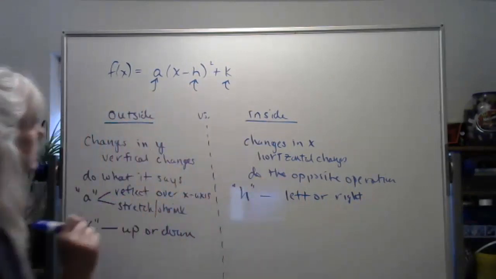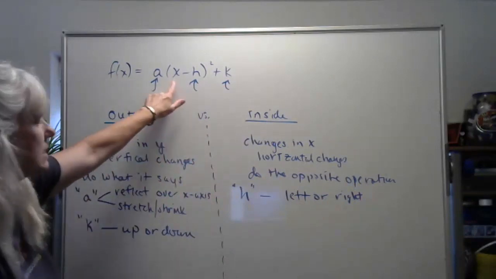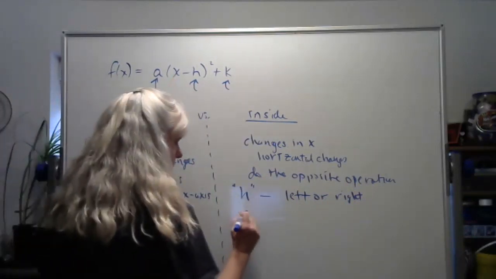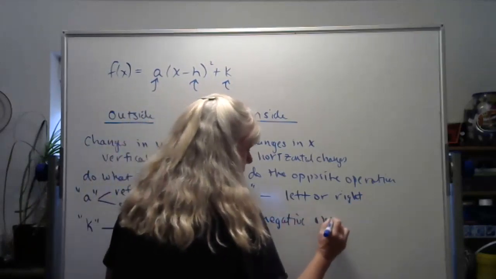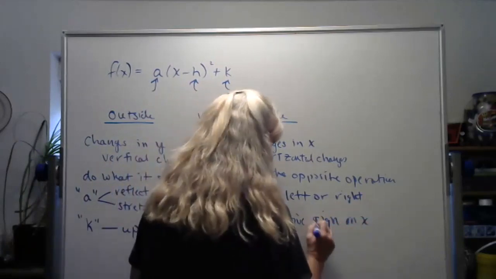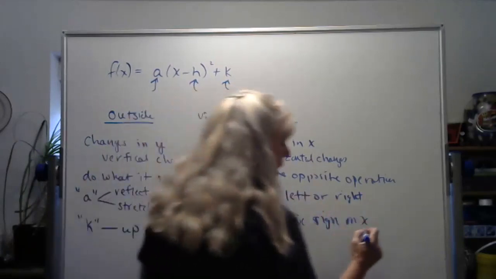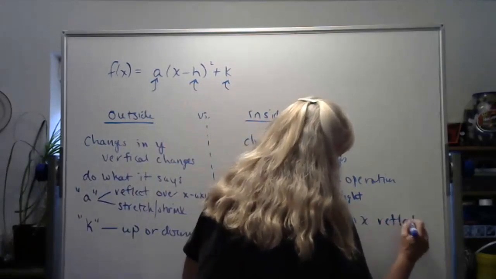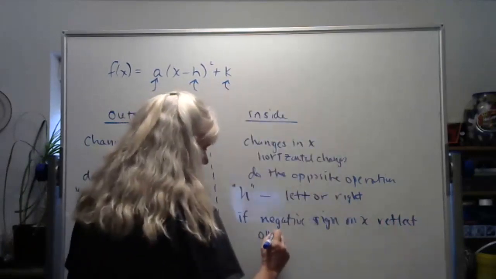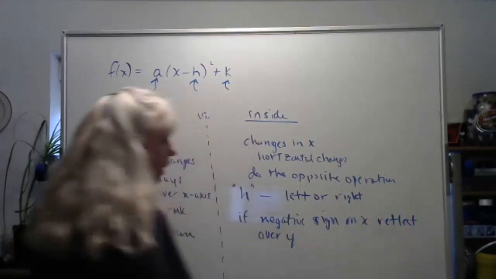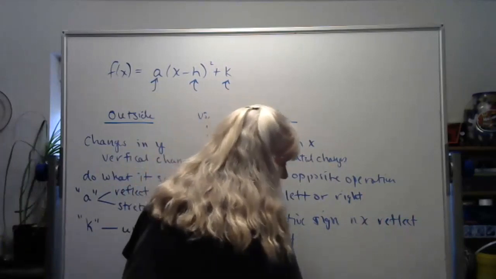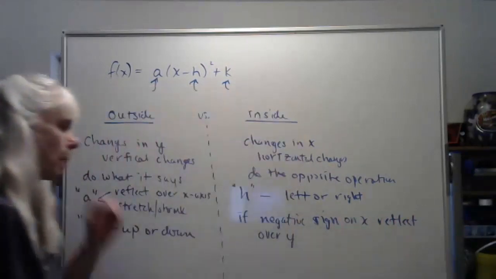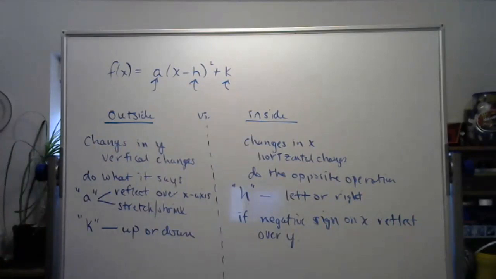So if there's a negative sign on x, then we know we're going to reflect over the y. Okay, and that summarizes everything that we just did in terms of drawing pictures. So if there's a negative sign on the x, then we know we're going to reflect it over the y-axis.